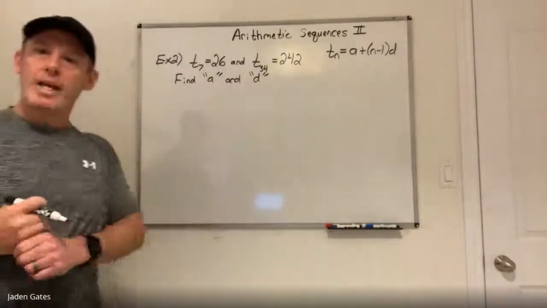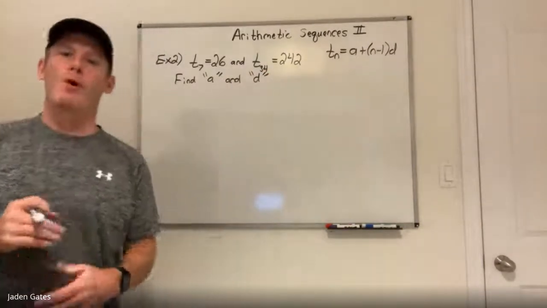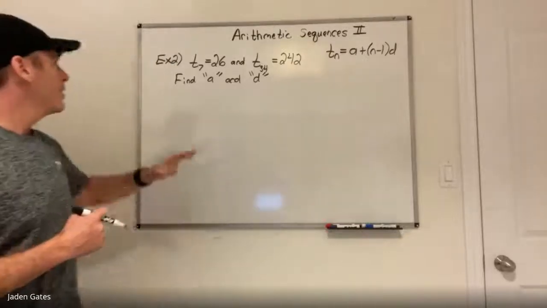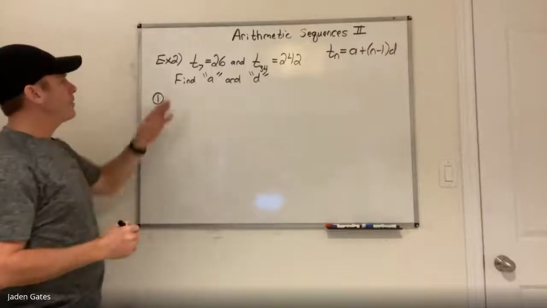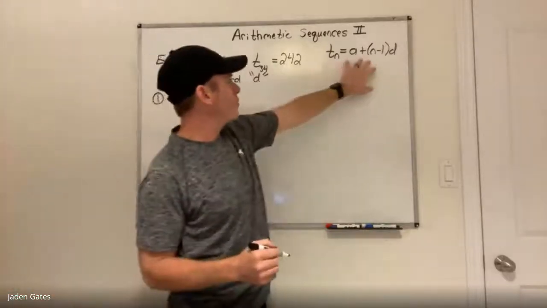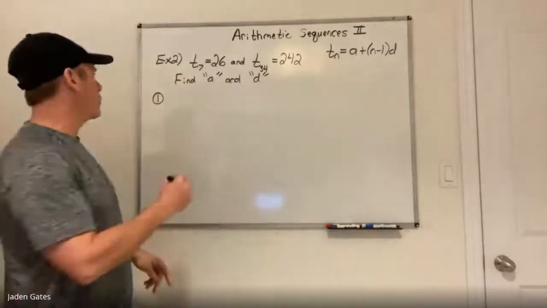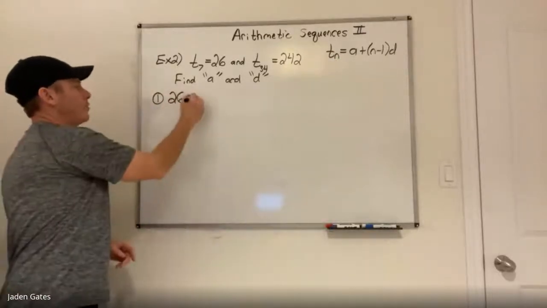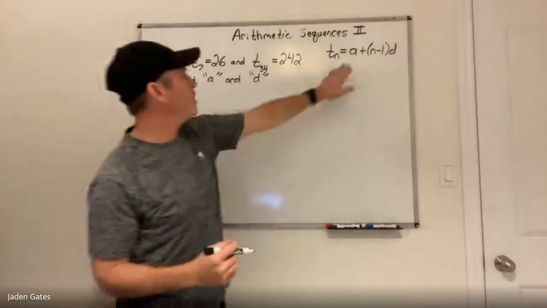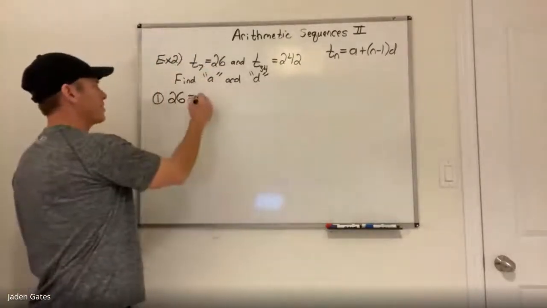All right, so each of these pieces of information are going to give me an equation. So I work with the T7 term here. Now, T7, again, I'm going to use my general term formula here. T7, I know is 26, equals A plus n minus 1 times D. Again, I do not know the first term of this sequence.